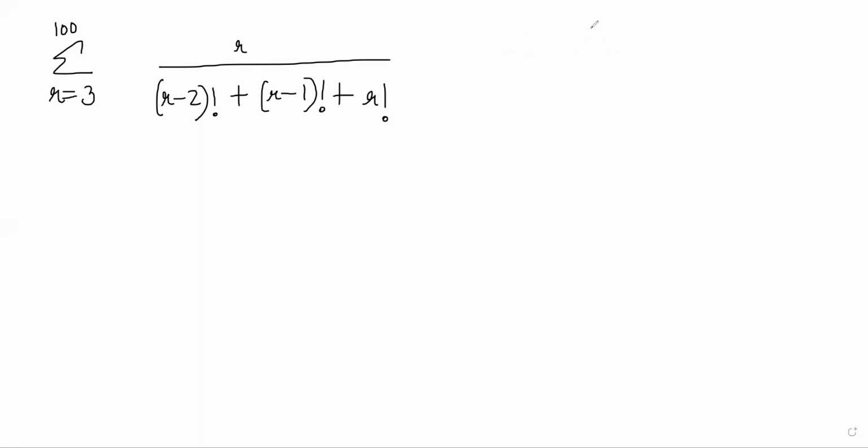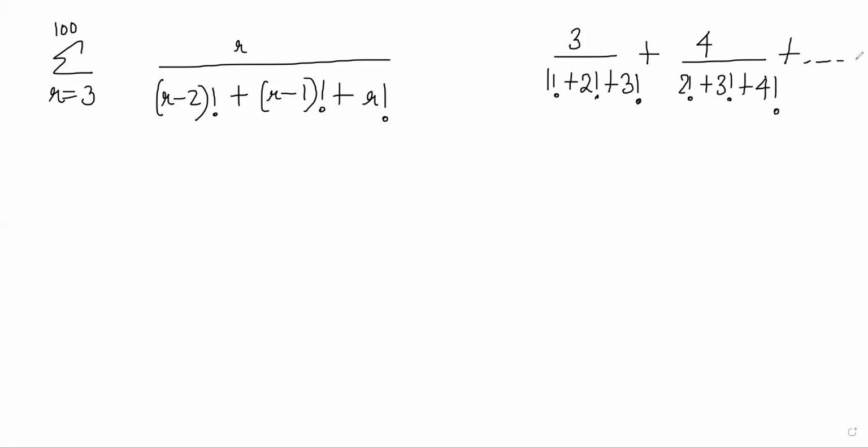Starts from 3. So basically you start by 3 by 1 factorial plus 2 factorial plus 3 factorial, plus 4 by 2 factorial plus 3 factorial plus 4 factorial, and so on. You go up to 100 by 98 factorial plus 99 factorial plus 100 factorial, right?